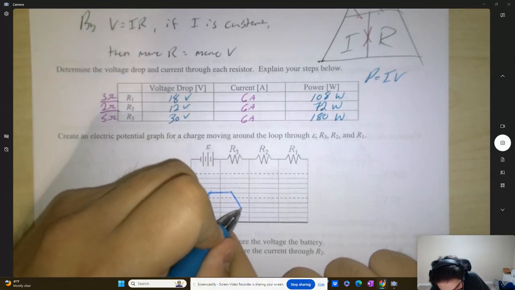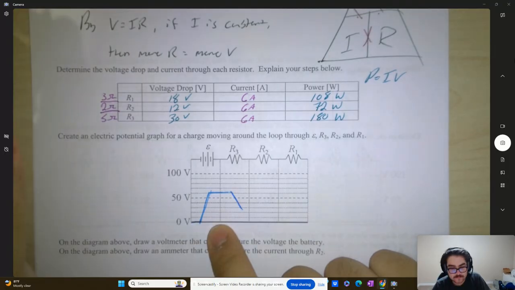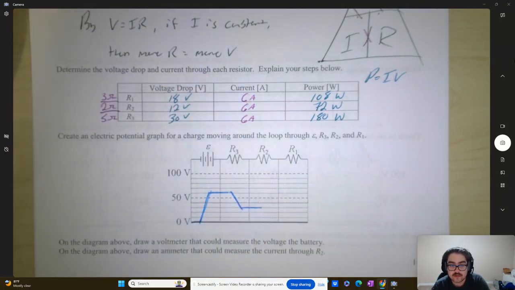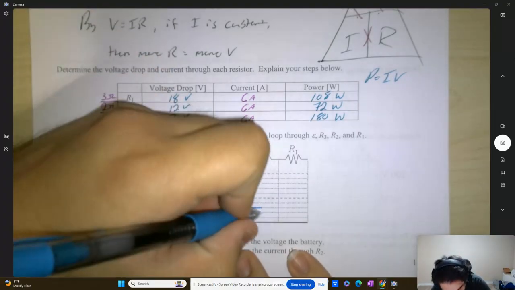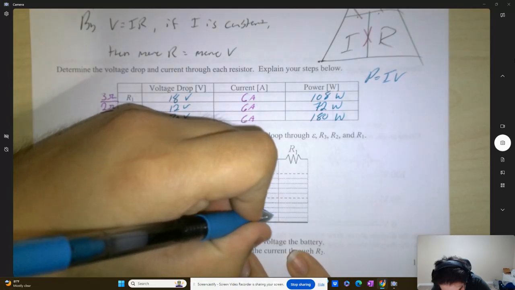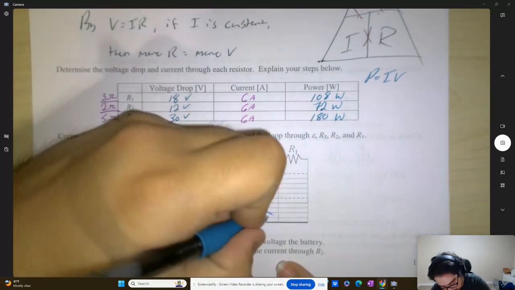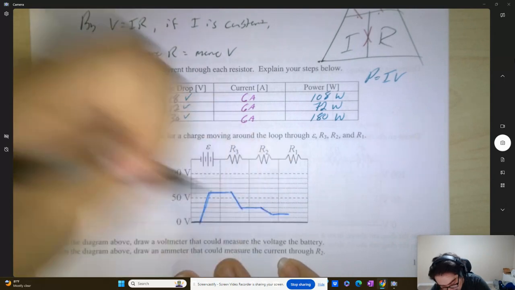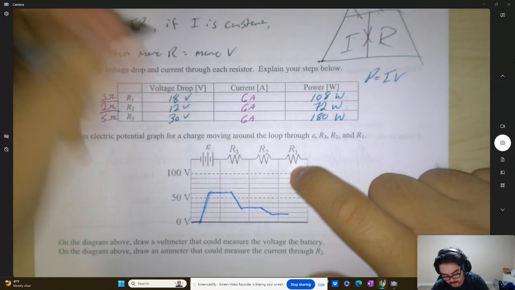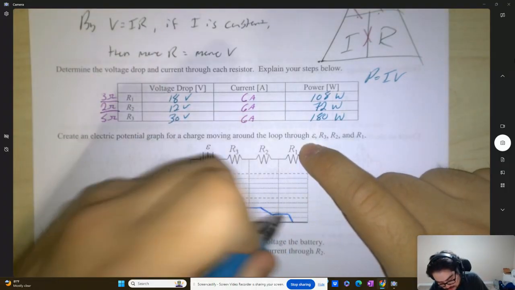Then we stay at 30 for a while. At R2, we lose 12 more volts, and we're left at about here. It's probably not going to be perfect. And then at R1, it takes our remaining 18 volts, which brings us back down to 0 volts.